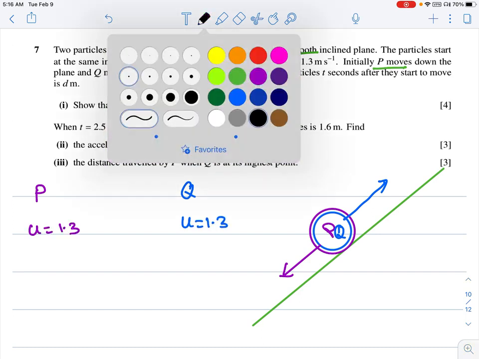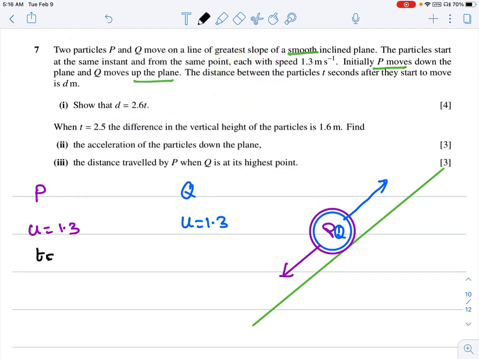Now the time is the same for both, t equal to t. Now I have to find the distance between them after t seconds. So let the acceleration be a, because it is on the same plane, right? So the acceleration has to be the same. So what will be happening?